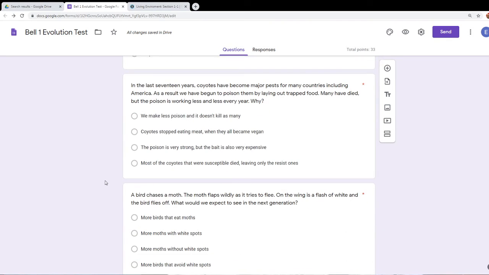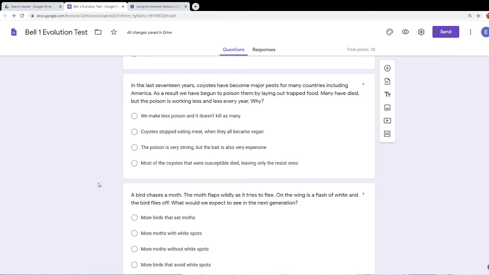Number four. In the last 17 years, coyotes have become major pests for many countries, including America. As a result, we have begun to poison them by laying out trapped food. Many have died, but the poison is working less and less every year. Why is that? So the coyotes are problems. We put out the poison, and it used to work really well, but now it doesn't. Why?